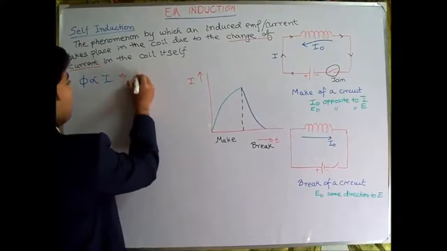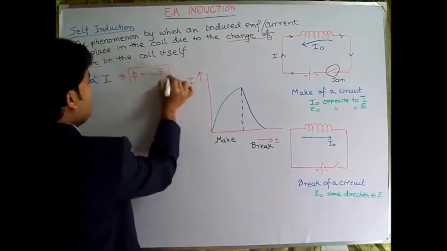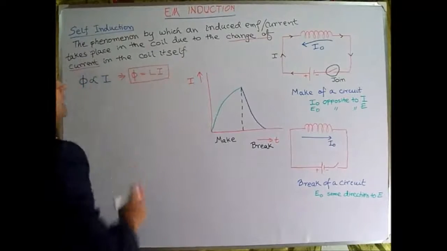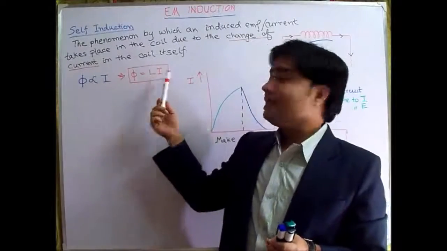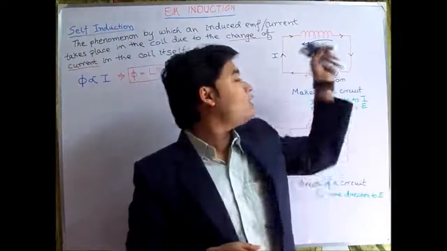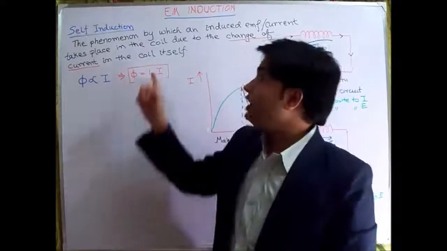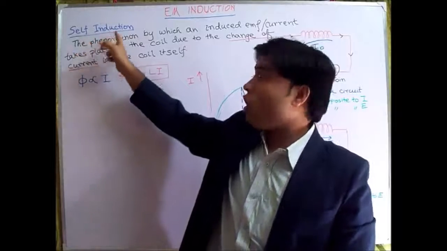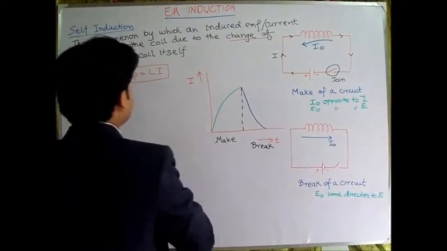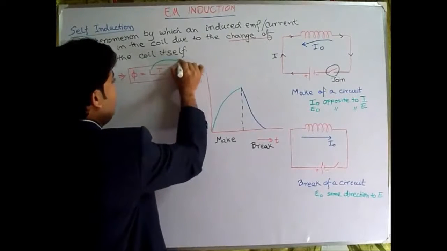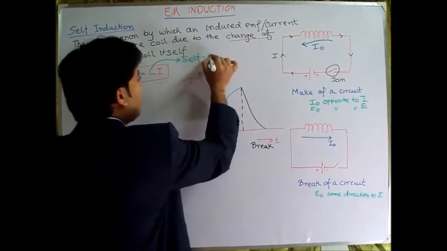So it will look like phi equals Li, where phi is the magnetic flux, I indicates the electric current present in the coil itself, and L is known as the coefficient of self-induction, or better known as self-inductance.